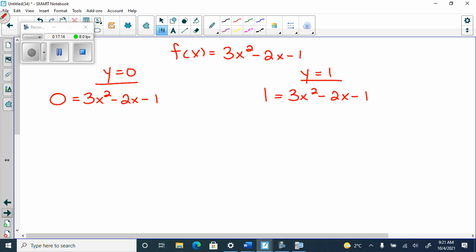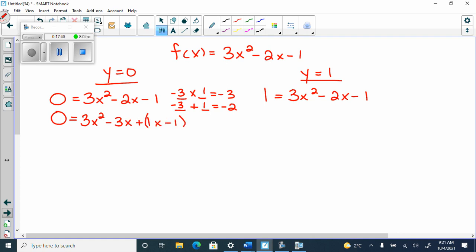Okay? So for this one, we can factor. We can say what times what gets me negative 3, what plus what gets me negative 2. And often with the zeros, you can just factor. So we have to do decomposition. So it's going to be negative 3, positive 1. We go 3x squared minus 3x plus 1x minus 1.